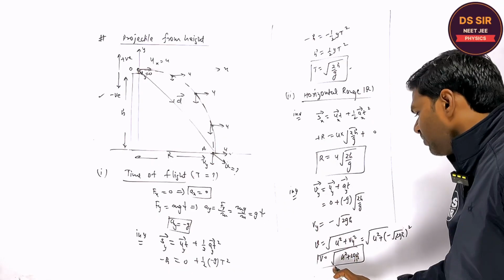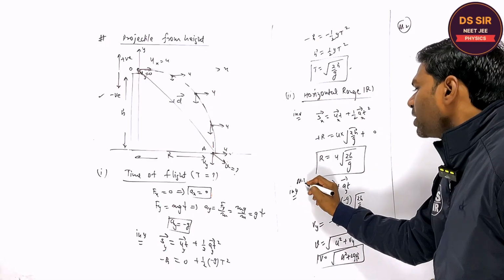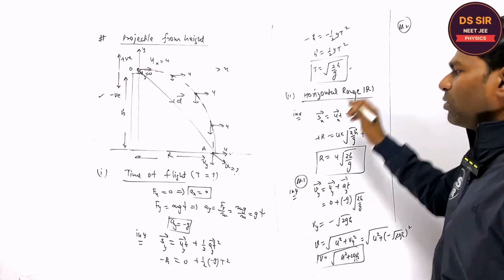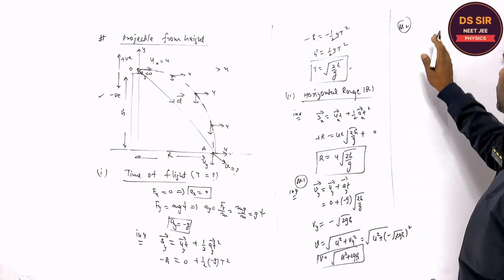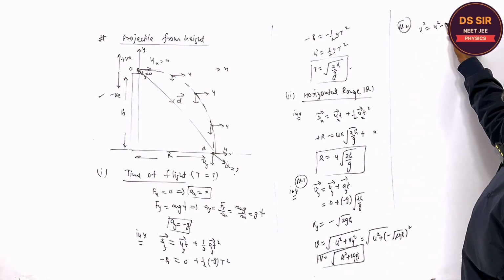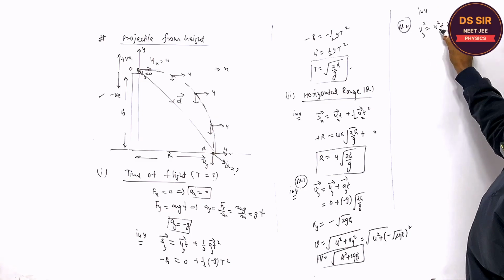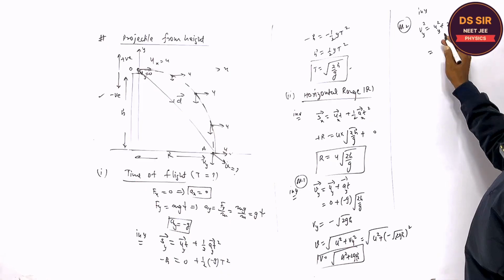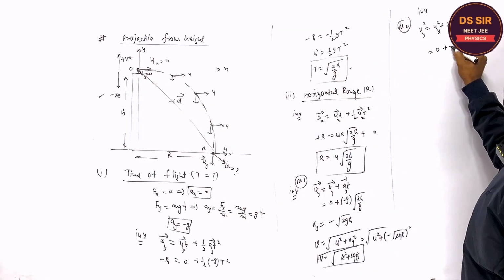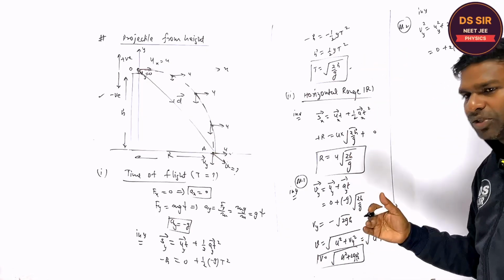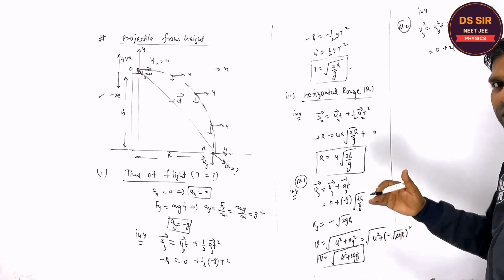Although this speed can also be found. This is method one you can write. vy can also be found with the help of v square is equal to u square plus 2a.s in y direction. This is the y direction. So what is the vertical velocity in y direction? Say 0 plus the acceleration is minus g and the displacement is minus h, vertically downward.